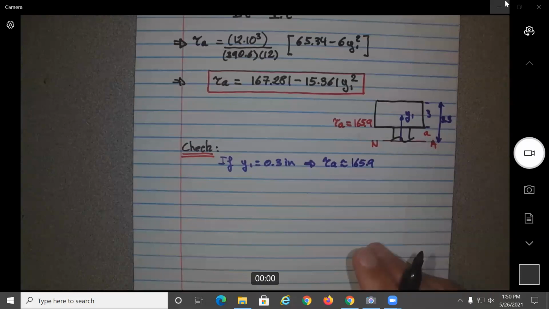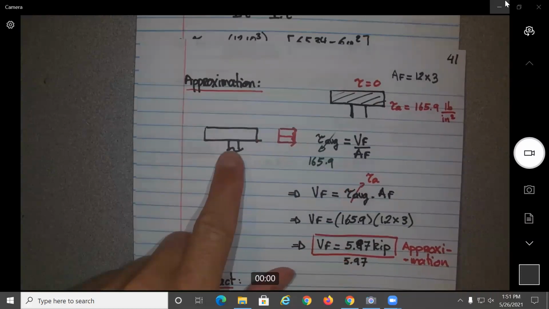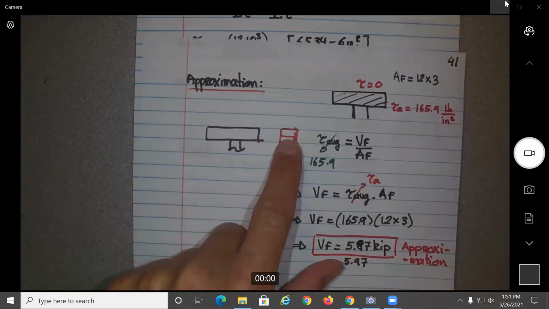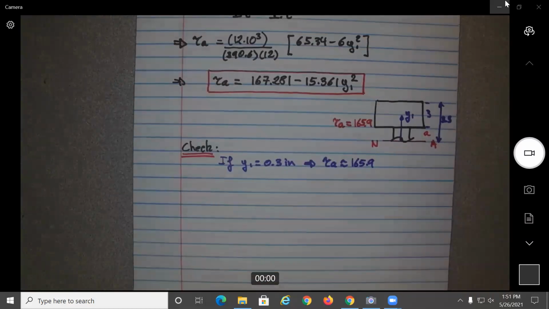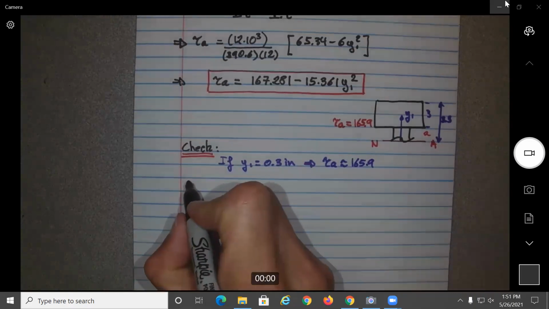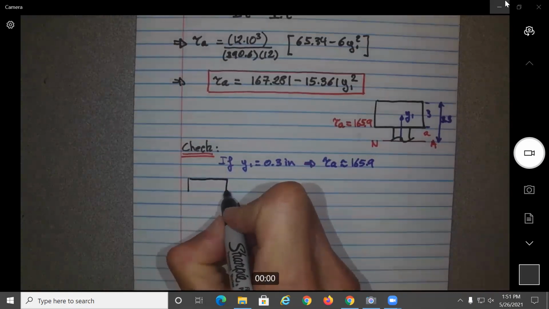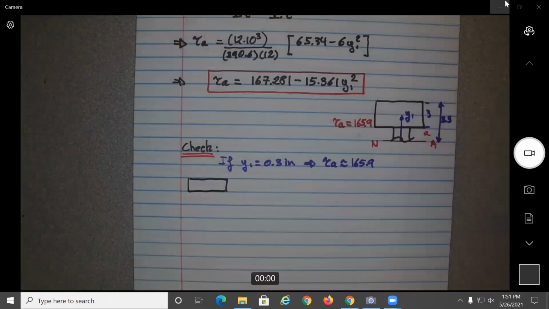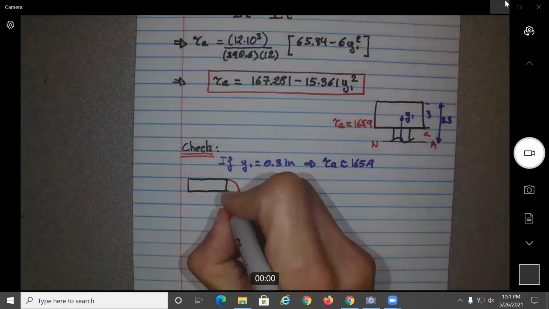Okay, so this time, instead of making the assumption as we did before, that the stress is going to be constant over here, we're going to take the actual distribution. We're going to take the exact distribution, this one here.